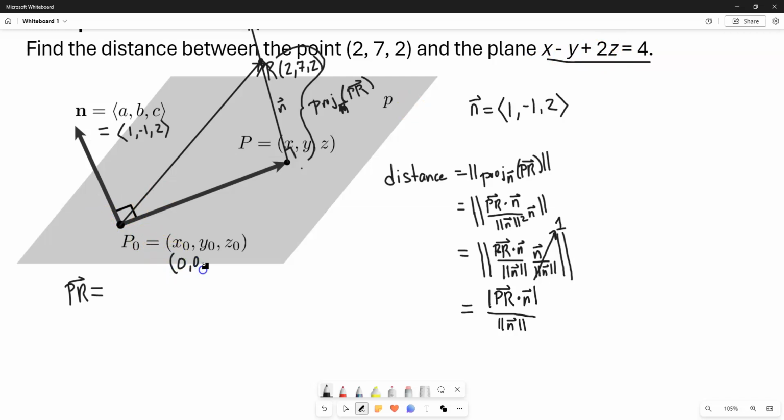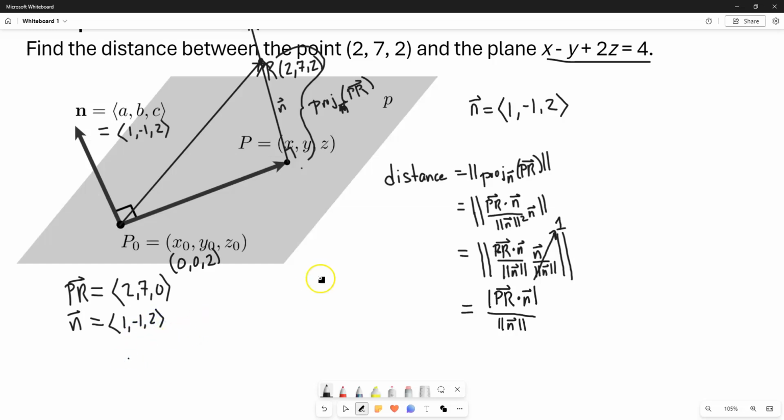So (0, 0, 2) is a point on the plane, and we're finding the vector that goes from (0, 0, 2) up to (2, 7, 2). So PR is going to be the vector 2, 7, 0. And then n we've already written down, but I'll write it again. n is going to be 1, -1, and 2.